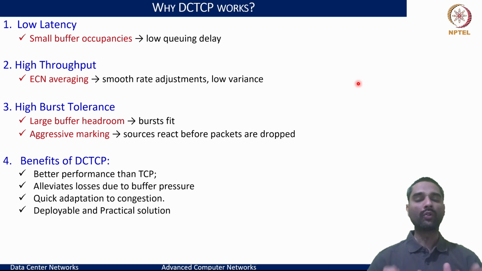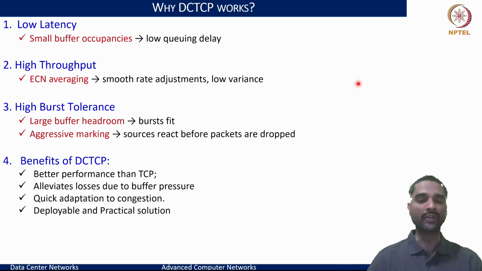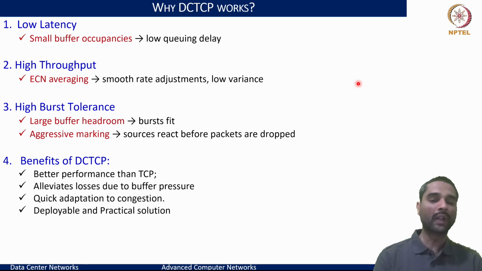But I do want to caution that DCTCP is a better approach of handling incast, but in essence, it doesn't solve the incast problem as such. If we have to really address the incast problem, wherever we have switches with buffer sharing, we want complete isolation of the large elephant flows and the small mice flows.